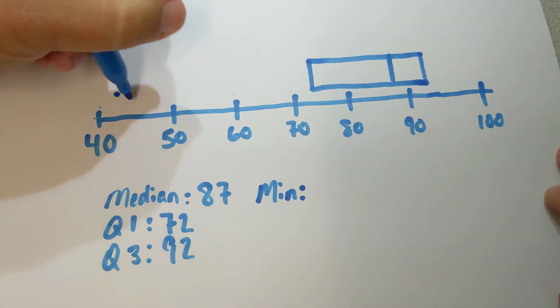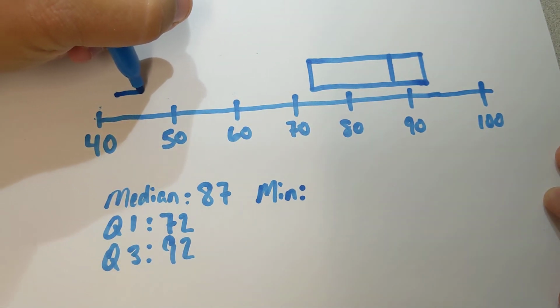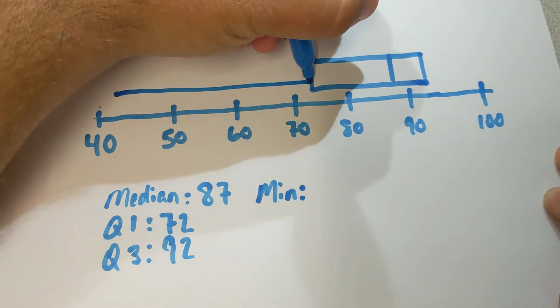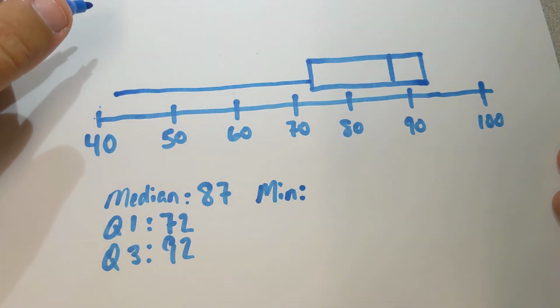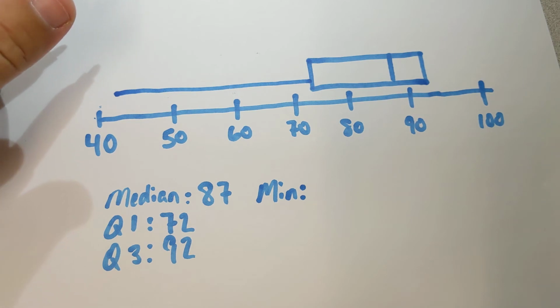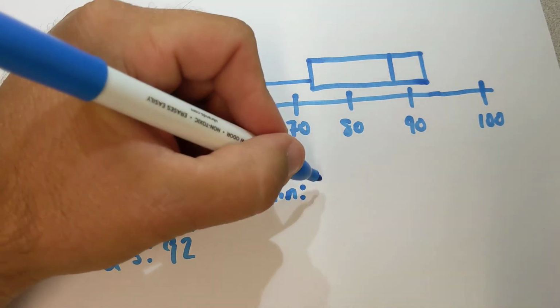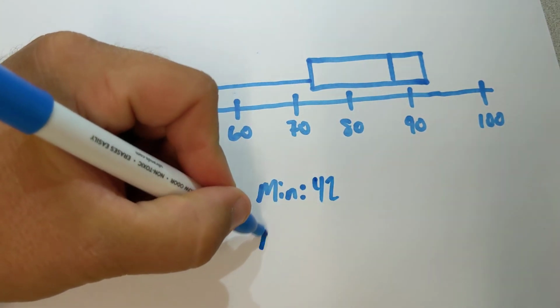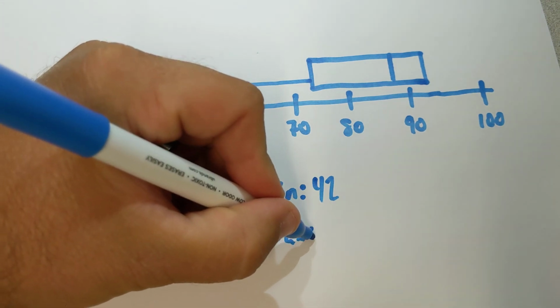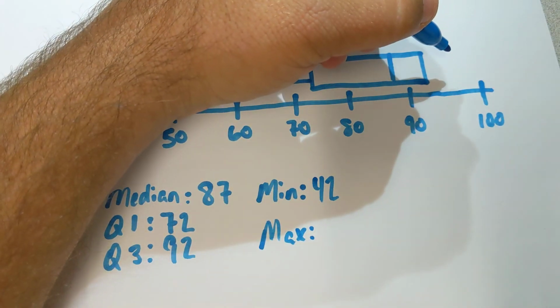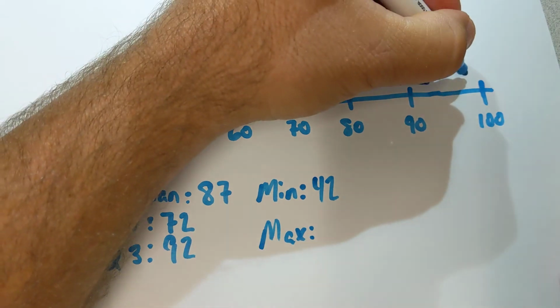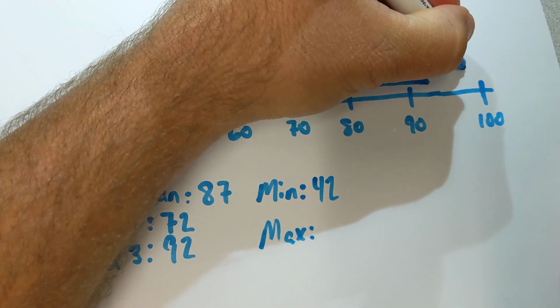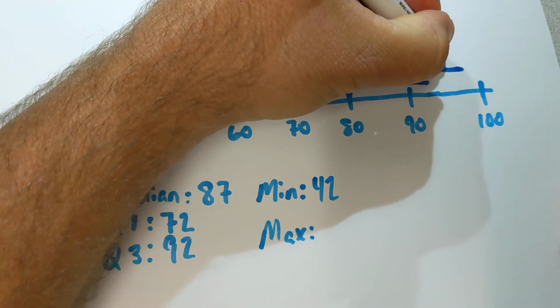I'm going to draw a line from my min all the way over to my first quartile. And now my max number, sorry, I need to put 42. My max score was a 96. So we're about halfway. I'm guessing about 96 is right there.